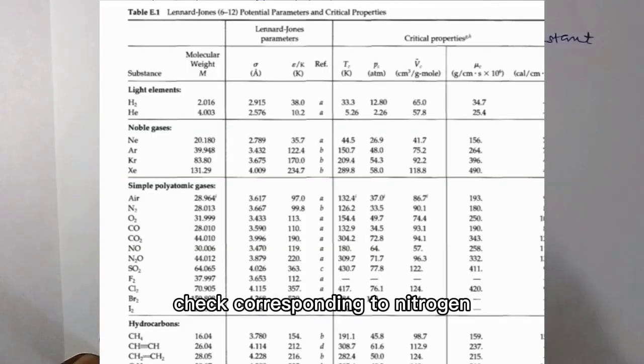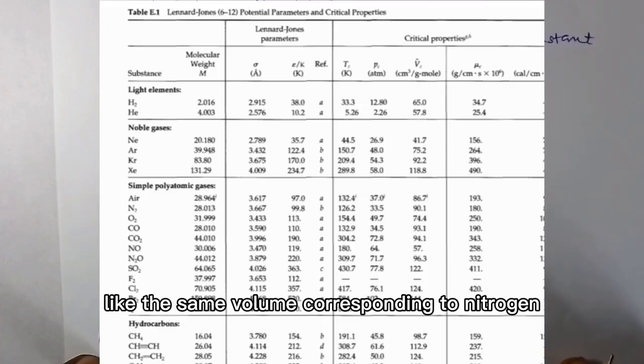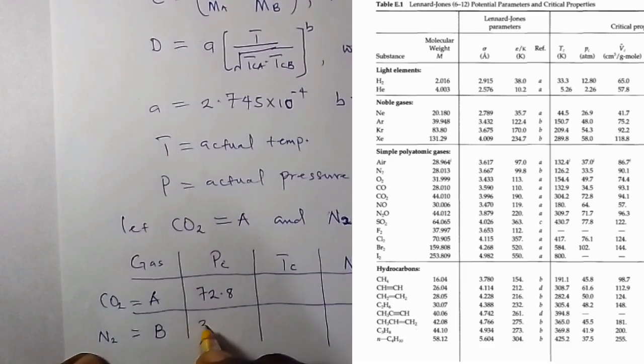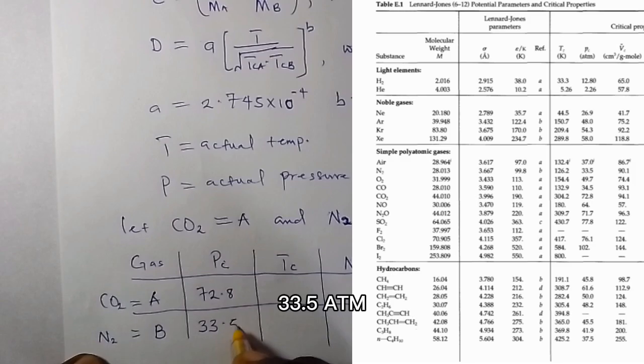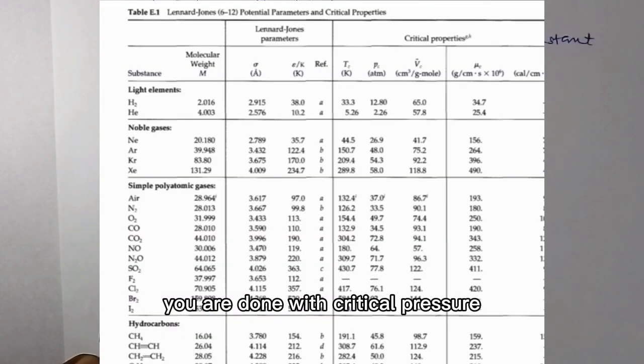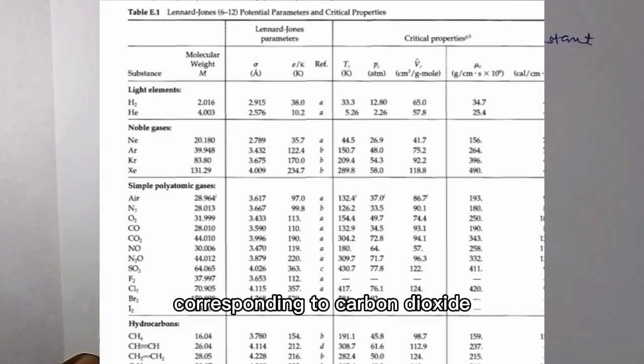Check corresponding to nitrogen, that is the same column. You can see the critical pressure as 33.5 atm. You are done with critical pressure. Check the column of critical temperature corresponding to carbon dioxide.